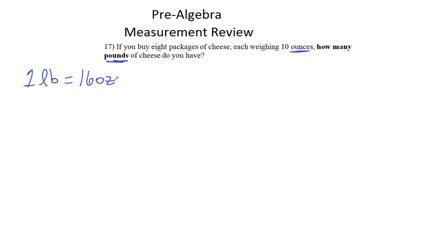But what I'm going to start with is these 8 packages that each weigh 10 ounces. So I'm going to figure out in ounces what's my total weight. So if I've got 8 packages and each weighs 10 ounces, that's a rate.